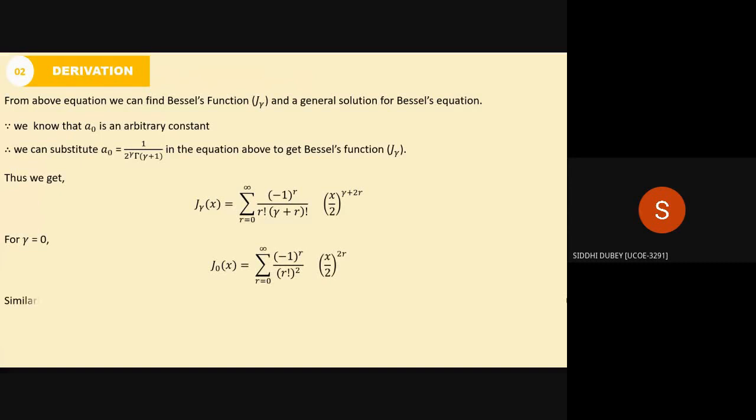And for substituting lambda equal to 0, j naught of x is equal to summation of r equal to 0 till infinite, minus 1 raised to r upon (r factorial) square into (x by 2) whole raised to 2r. Similarly for lambda equal to 1, j1 of x equal to summation of r equal to 0 till infinite, minus 1 raised to r upon r factorial into (1 plus r) factorial into (x by 2) whole raised to 1 plus 2r.